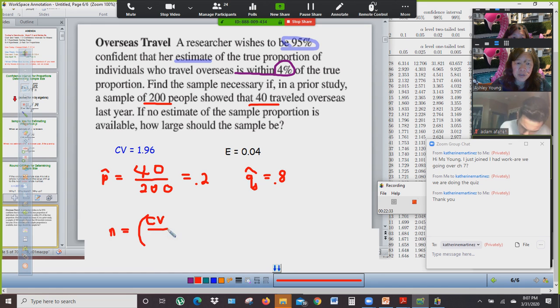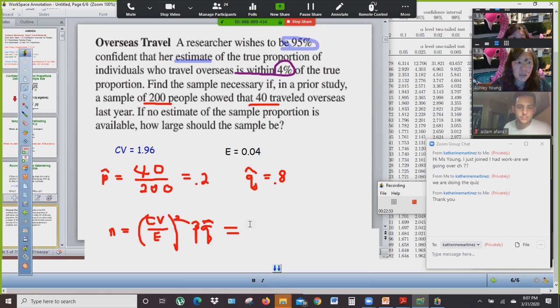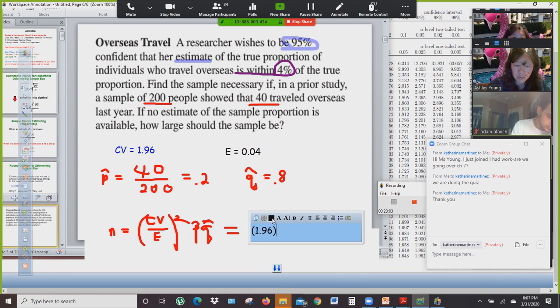Let's go ahead and take a look at this. So going with our formula, n is equal to, and you can do it also this way. We talked about that before, where you put the critical value over E, squared, times p-hat, q-hat. This is how the book does it. Or you can do it the way that we did it in class, which is kind of the way in the last form. Either way, you get the same thing.